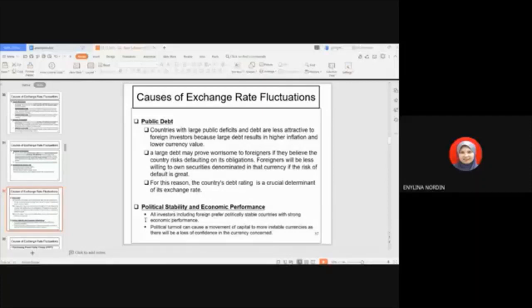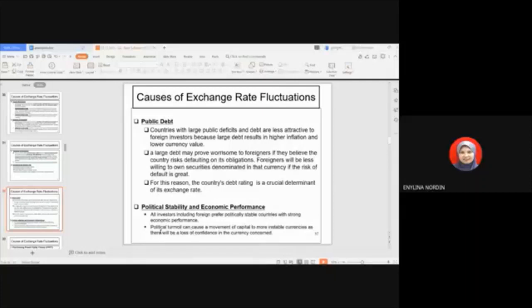Another thing is political stability and economic performance. In this case, foreign investors prefer politically stable countries with a strong economic performance.